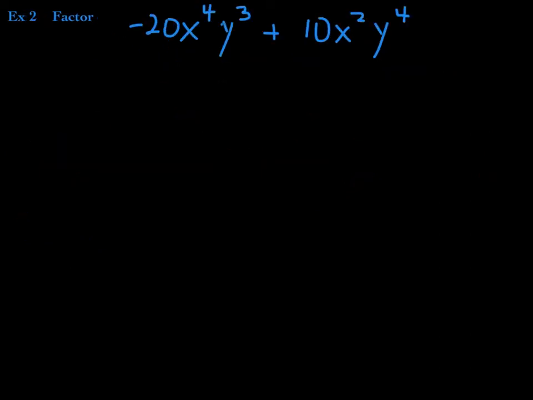Look at this binomial, 2 terms, so it's a binomial. Let's factor out the greatest common factor. Now, when you look at your coefficients, you have negative 20 and positive 10. What's the largest number that can go into 20 and into 10? 10. Very good, everybody.